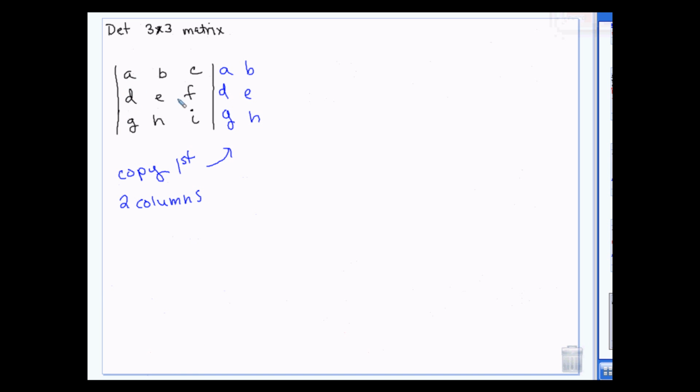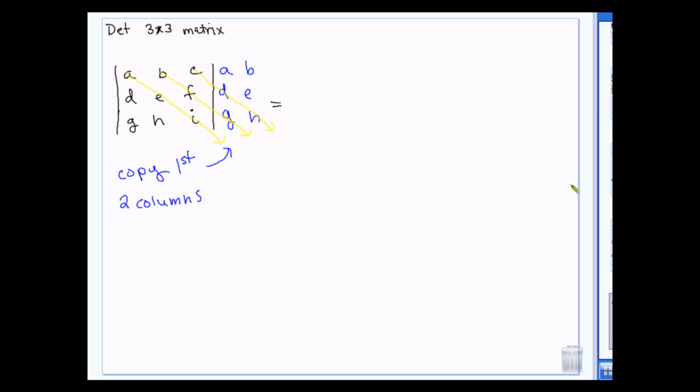You have your determinant on a 3 by 3 matrix, so you want to take those first two columns and write them down outside. And then the pattern is the diagonals. We have yellow diagonals going down.